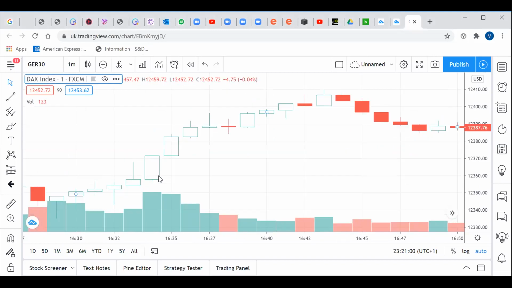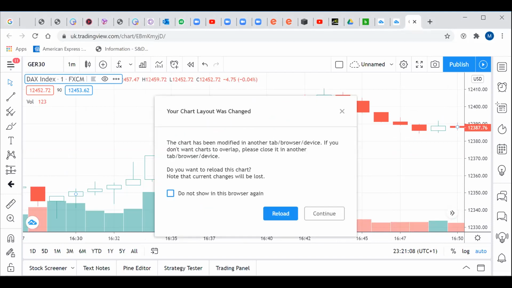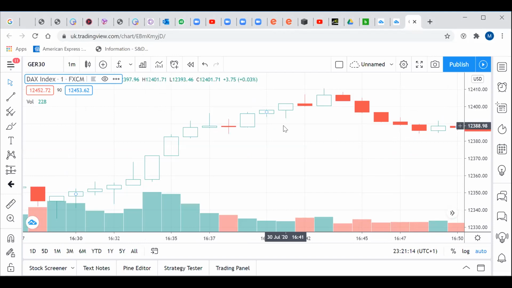So here we've got candles. Now, the candlestick is made up of two major components. You have the body of the candle, which is the square, and you also have the wicks, right?